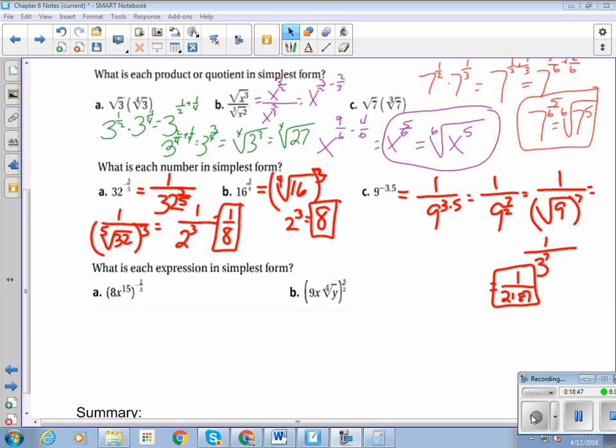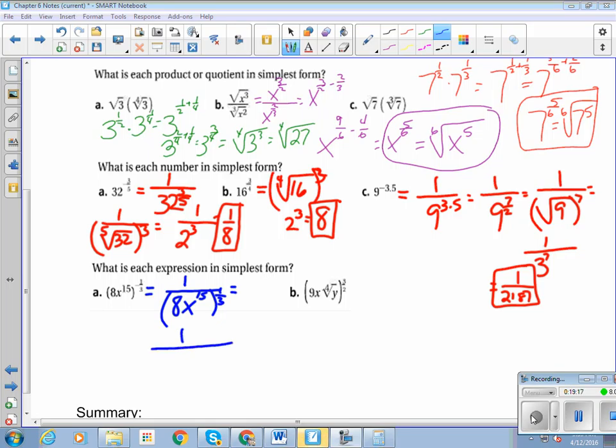Okay, so now let's make this as hard as possible. I have 8x to the 15th raised to the negative 1/3. I'm going to take care of the negative first and go 1 over 8x to the 15 raised to the 1/3. 1/3 power is cubed root.